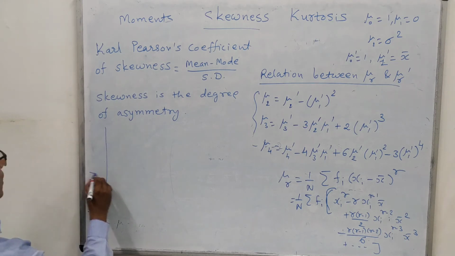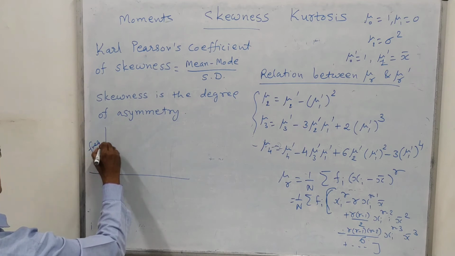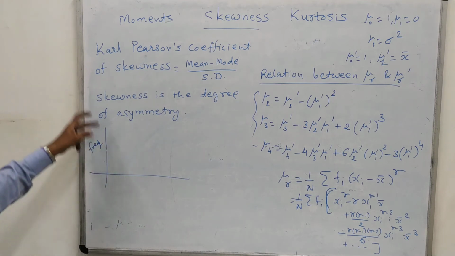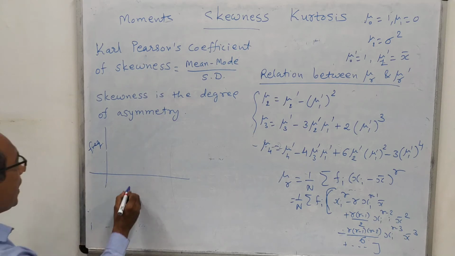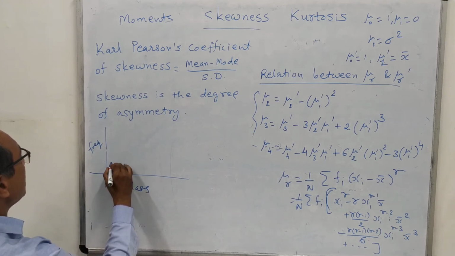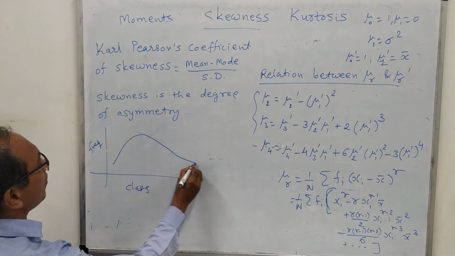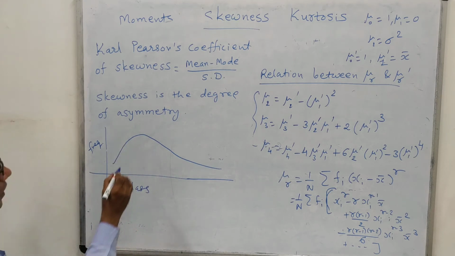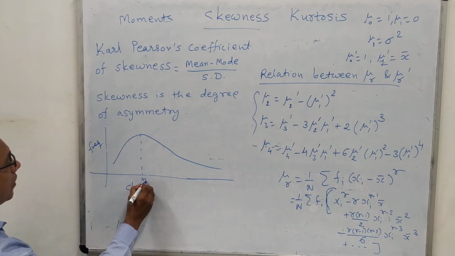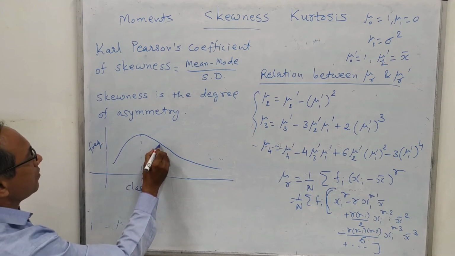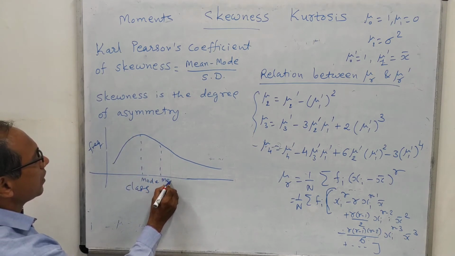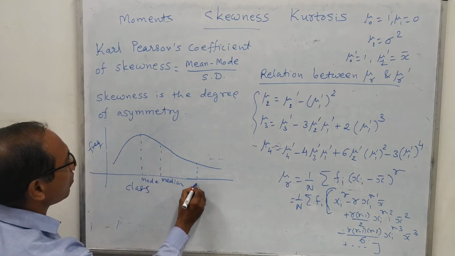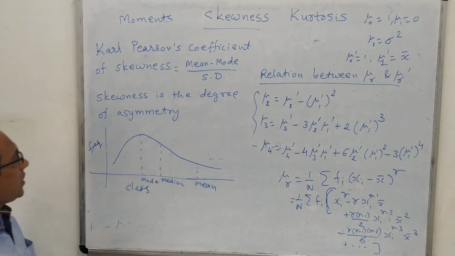For example, let us see, if we draw the graph based on the data, with the frequency line, and these are the classes whichever are given, then if we get a graph of this kind, here it will be more at the peak level, then we will have the median, and then we will have the mean. That means here you can see that mean is on the right side.